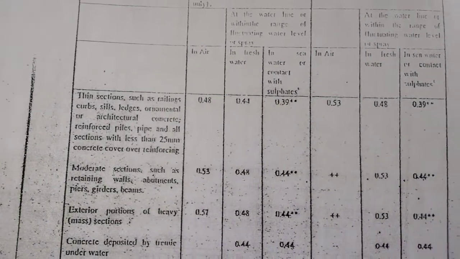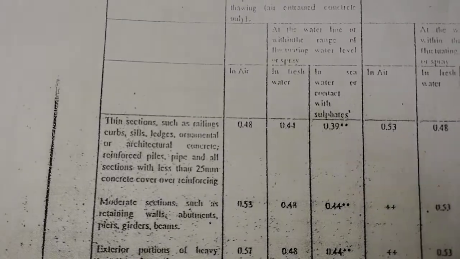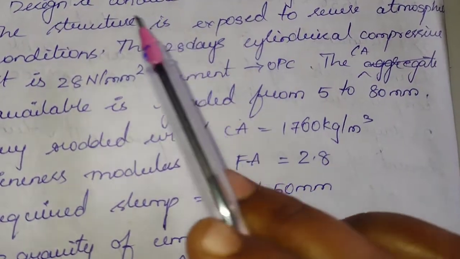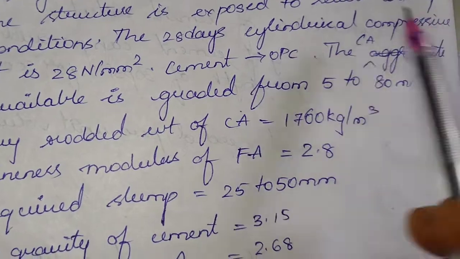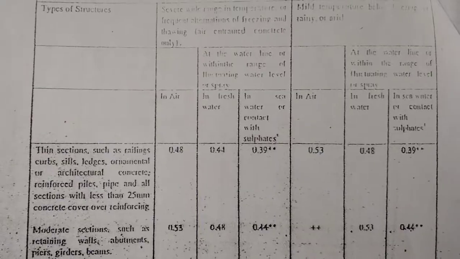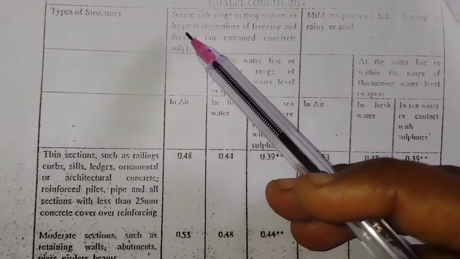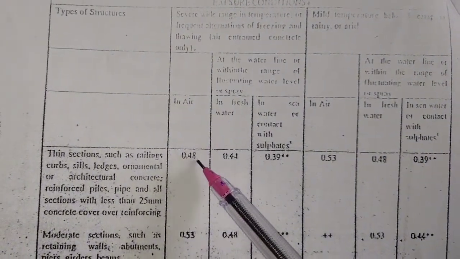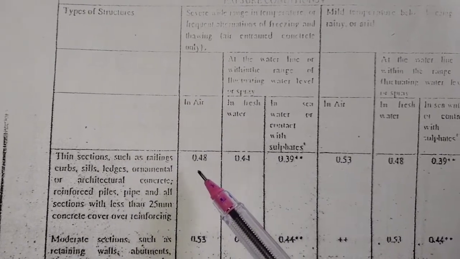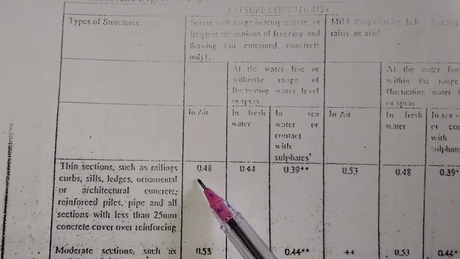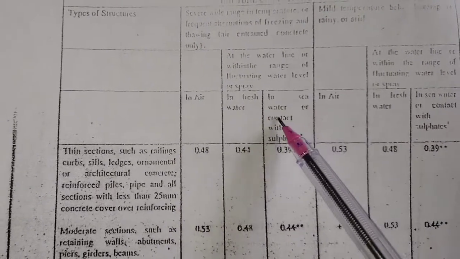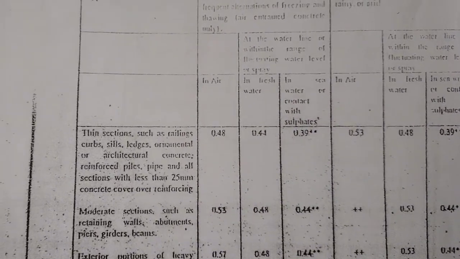Here I am taking severe exposure conditions as given in the question. We are given that the structure is exposed to severe atmospheric conditions. I am assuming it is in air, so I am taking 0.48. If it is specifically mentioned that it is exposed to fresh water or sea water, we will take that value.